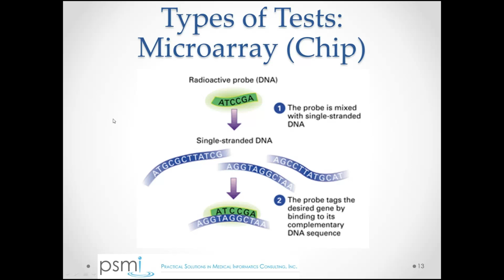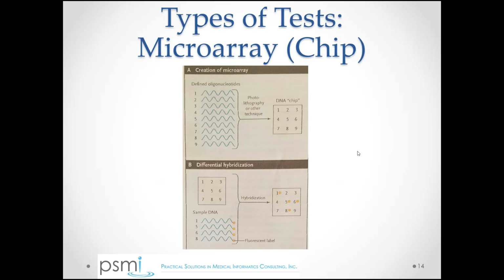And in those wells where the DNA sticks, you can infer that the DNA had a sequence that was complementary to the sequence of the probe. And that's kind of the basis of how all of these chips work.